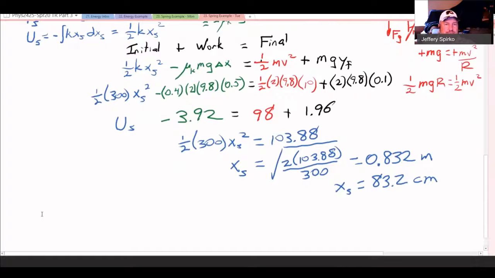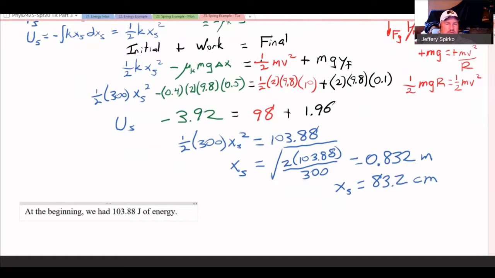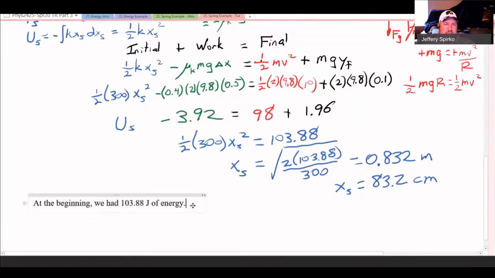I just want to quickly review the energy accounting of what happened here. We started with 103.88 joules of energy. We didn't know that right away, but eventually we found that out. Of that, 3.92 joules were lost to friction.